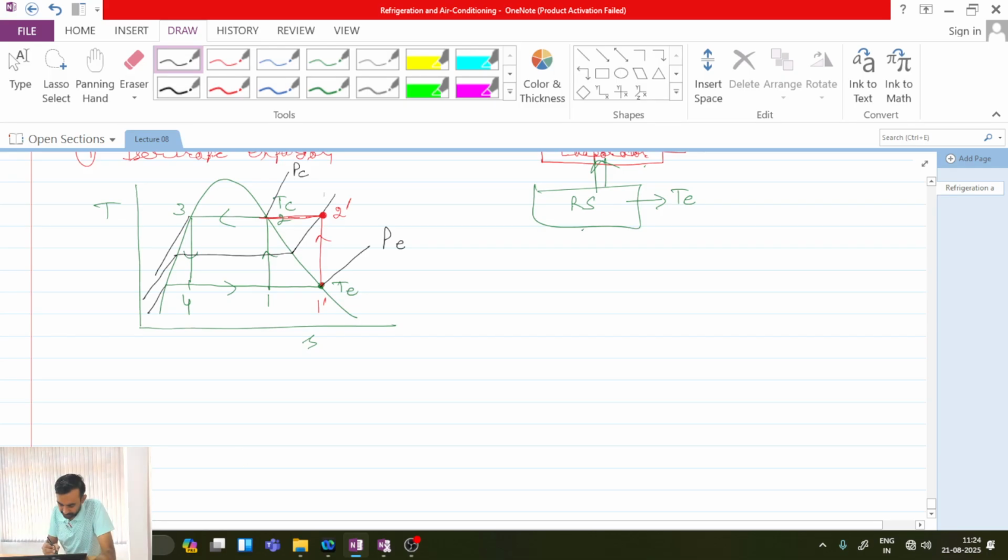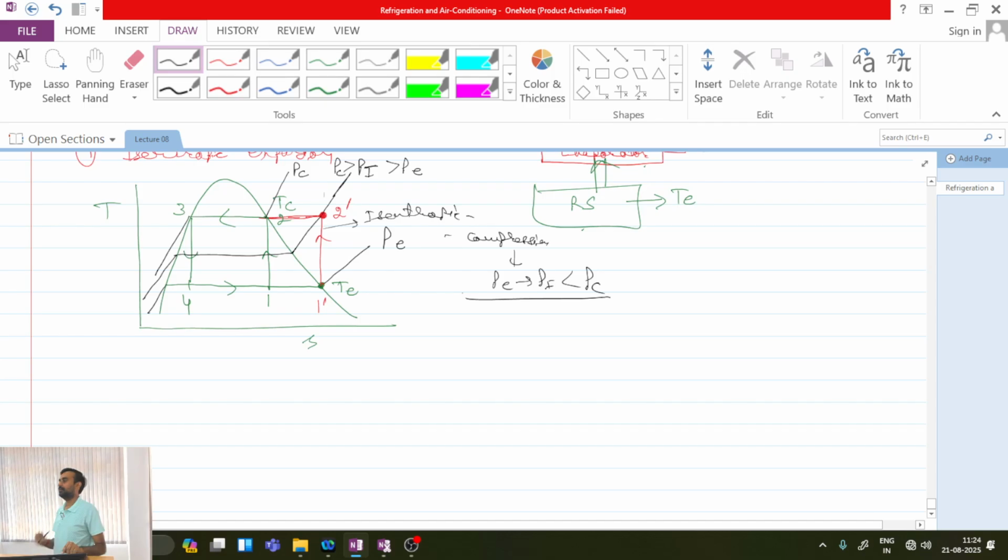So corresponding to point 2 dash, I will have some intermediate pressure PI, which is greater than PE but less than PC. So from process 1 dash to 2 dash, I have to do isentropic compression, but only from pressure PE to pressure PI, which is less than pressure PC.